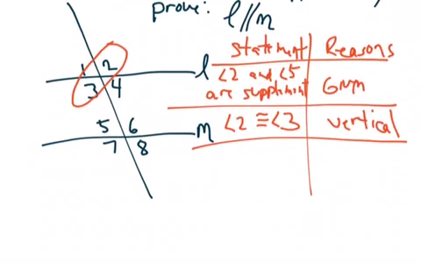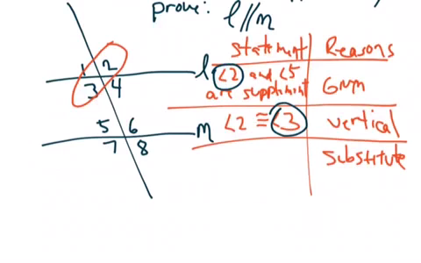So by substitution, we can prove, so if we fill in this 3 for this 2, because this statement says that 2 and 3 are identical. So instead of writing a 2 here, we'll write a 3.